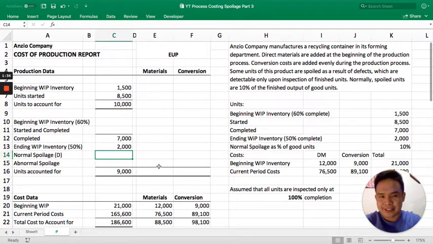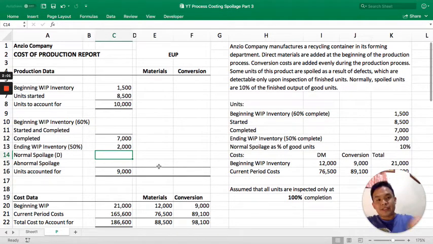That's the first change. Normal loss, in the absence of any other stipulation, is stated as a percentage of the good units that passed inspection. If 7,000 units pass inspection, then 700. If 5,000 units pass inspection, 500.